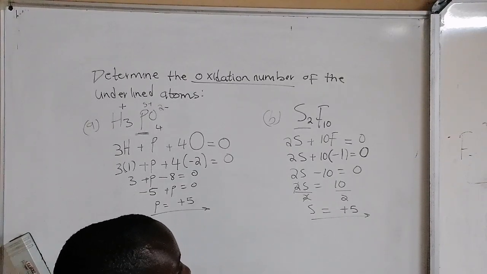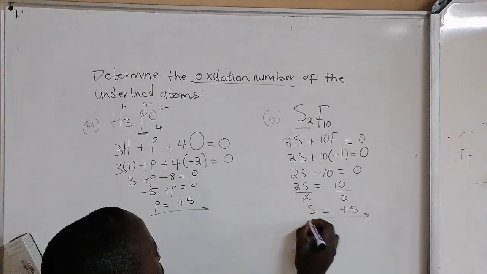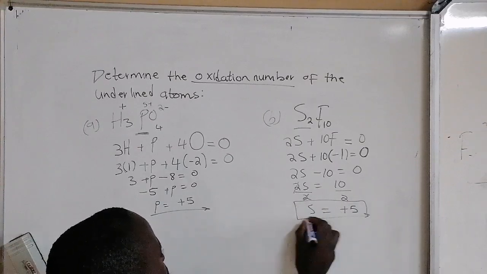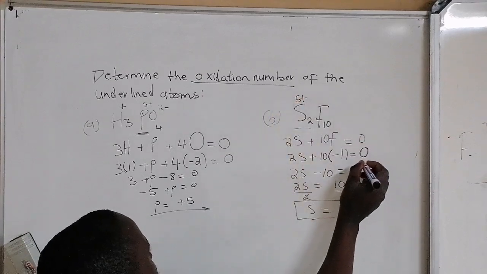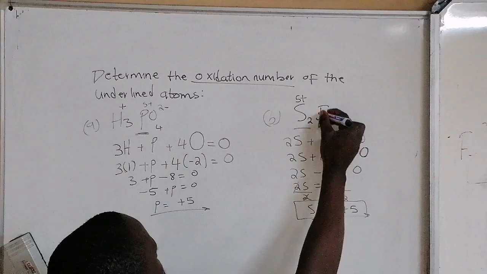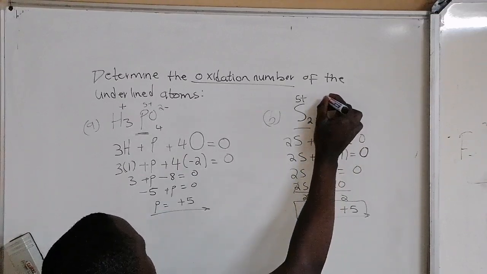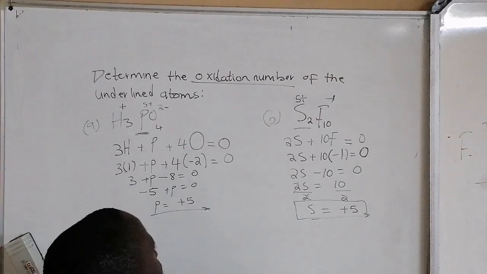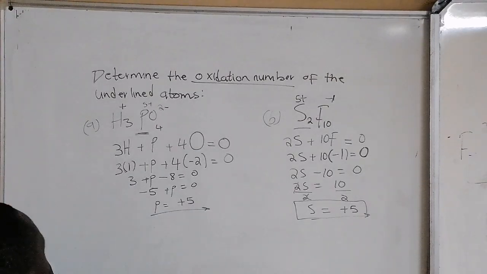Now if we were to put them on the compound, since we got the oxidation number of sulfur as positive 5, we would put a plus 5. Then here, since the fluorine atom is a halogen, it has an oxidation number of -1. I hope we are following.